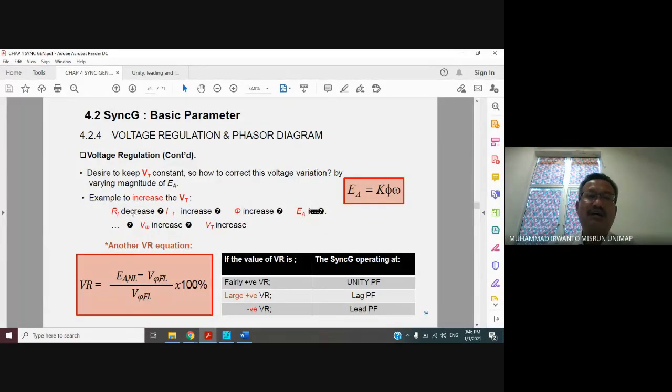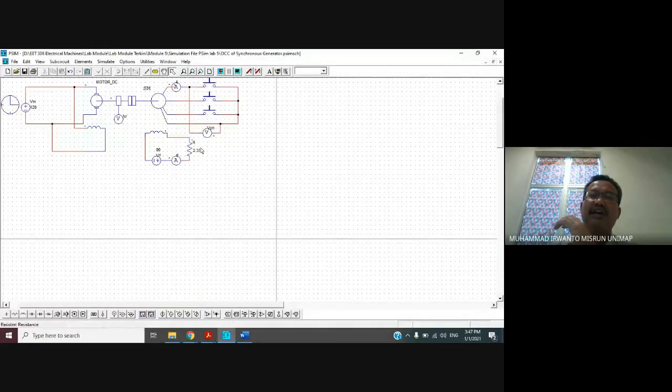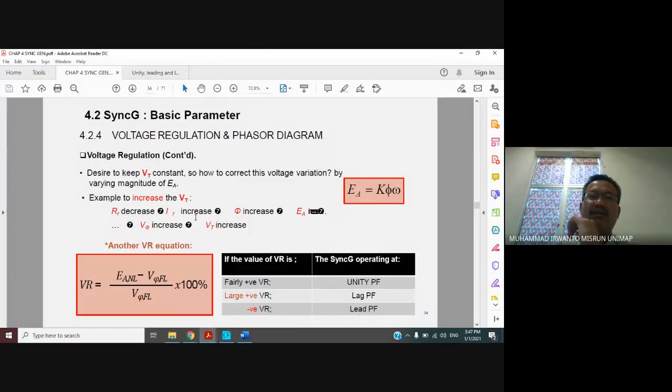So how can this be corrected? By decreasing RF, meaning we add auxiliary resistance here, or automatically with a variable resistor, or IF increases.